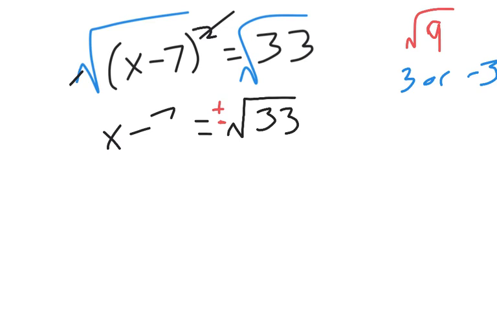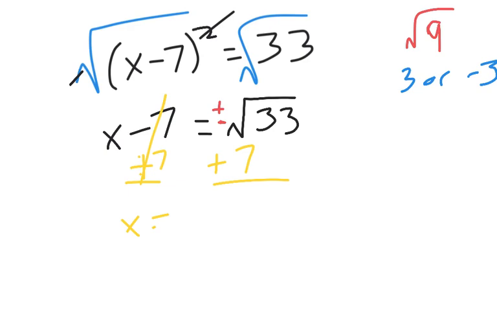Now, is x by itself? No. Remember, we got rid of the squaring. So why is the x not by itself? It's subtracted by 7. So we're going to add 7 to both sides. On the left, that cancels. Beautiful.